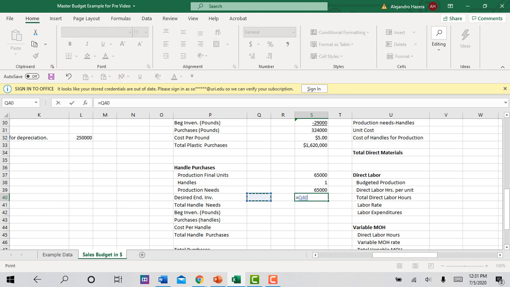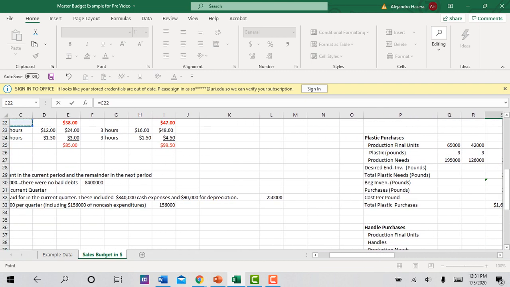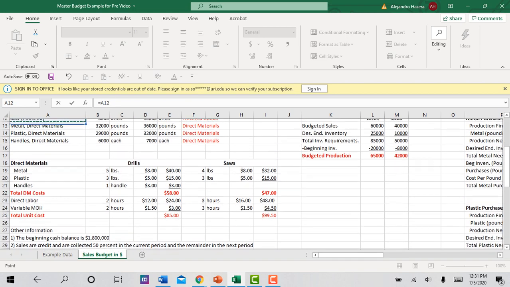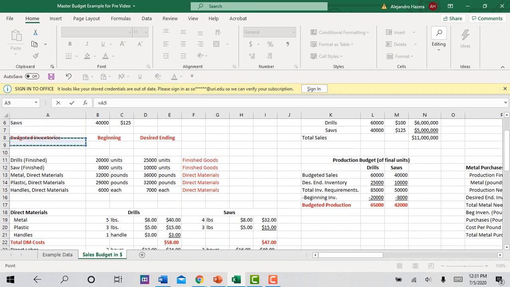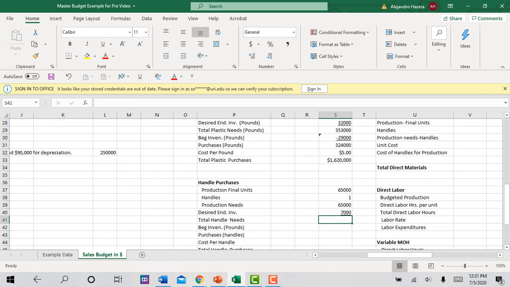Our desired ending inventory for handles is, you come over here, it's the same logic as before. Our desired ending inventory for handles is 7,000 handles. Okay, so our total handle needs, so to speak, if there's such a word, is 72,000 handles.